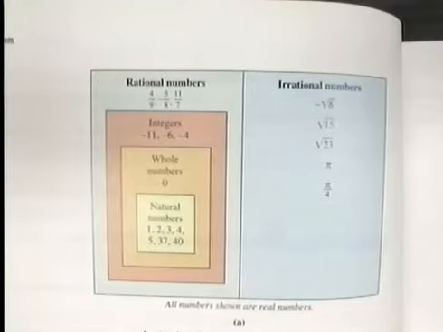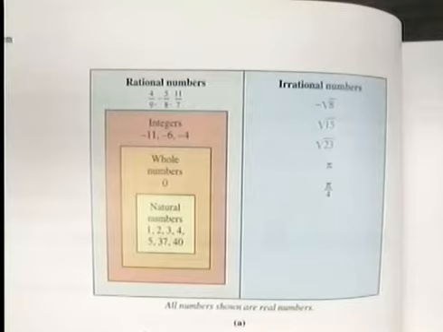Notice you have the natural numbers, 1, 2, 3, 4, 5, the positive counting numbers. Then the whole numbers include 0. Then you add the negatives of all the whole numbers, and you get the integers. Then you take the rationals, which is the whole left side, and on the right side you have the irrationals. The whole box together is called the reals.